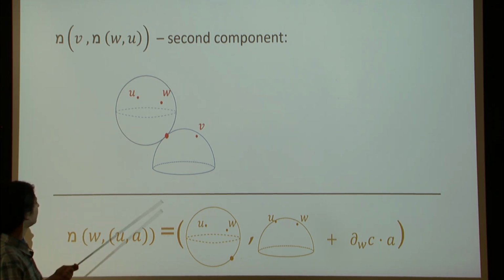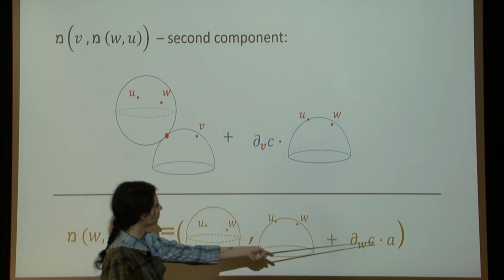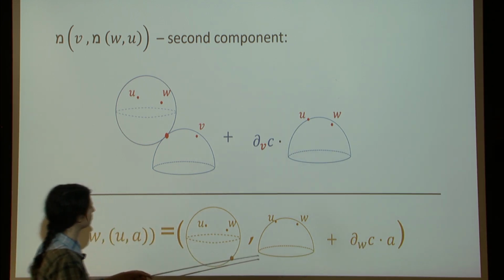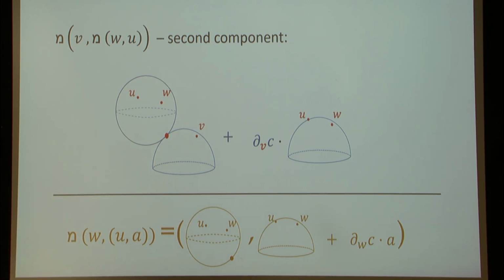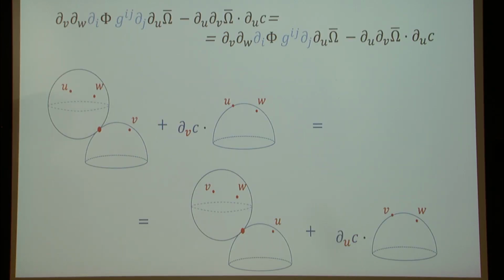OK, and the other contribution is this Maurer-Cartan constant times whatever we had in the open part. So this is what we had in the open part. And so you will notice that it looks a lot like the WDVV equation. Well, up to signs, but I'm ignoring signs all over the place, so you'll forgive me for that.